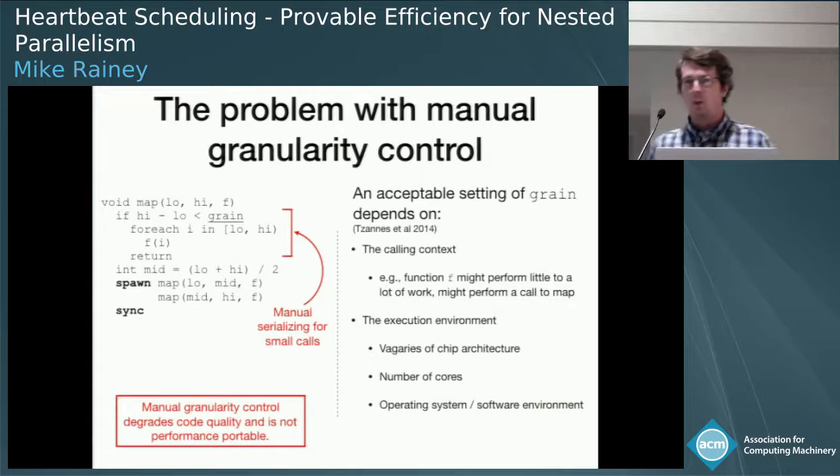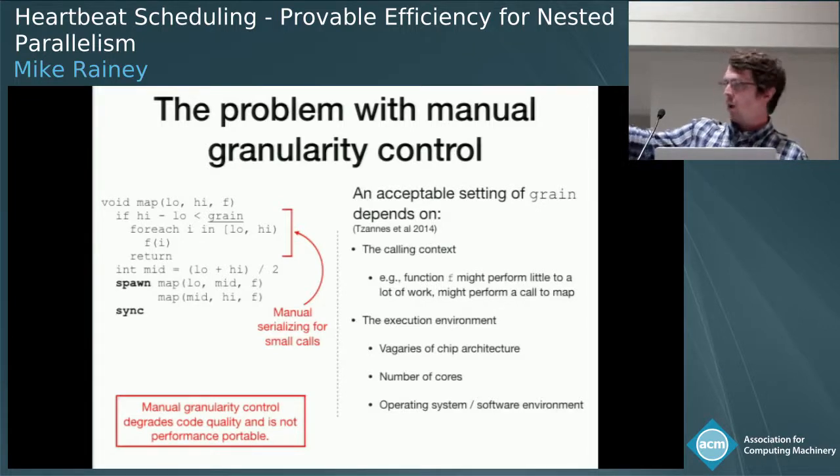So as I alluded to earlier, there's been a lot of work on reducing overheads for fiber creation. And even so, it's still common to see programs like this modified version of our map function here, where what you're doing is throttling the number of spawn syncs your program is passing through by using this grain parameter.